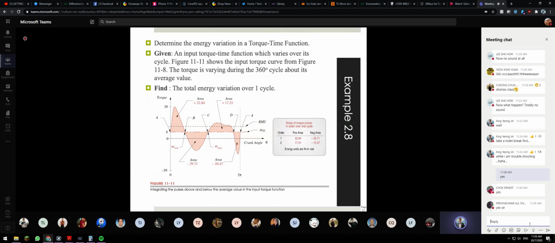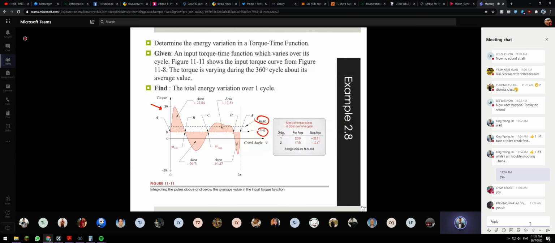Okay, so we can still continue on the fly view. Here it gives us the torque curve for the torque required from the linkage, the variation. Then we have this average value and the RMS value, right?